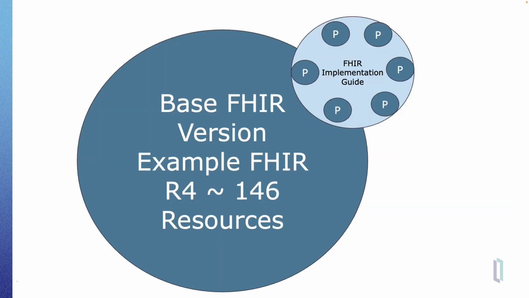The base FHIR spec is a reference implementation which is very generic. Implementation guides are a set of constraints and supplement the base version for a specific use case. And profiles are the specific resources that are used generally in an implementation guide that can be extended with extensions, but also have a number of constraints.